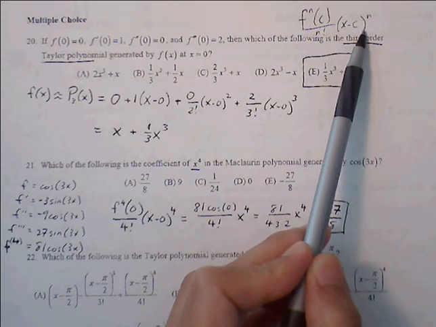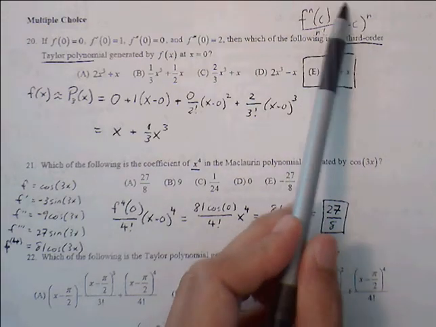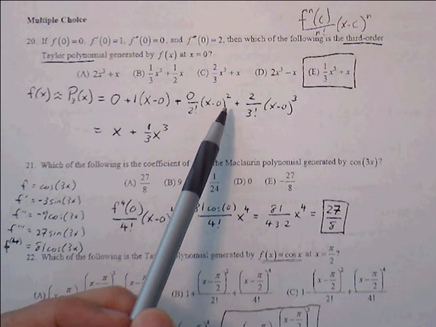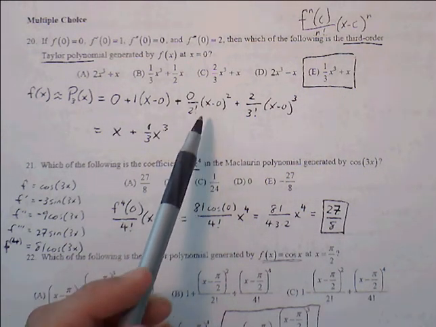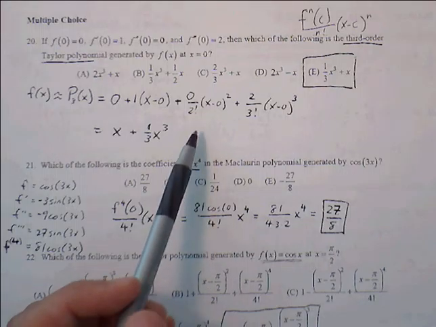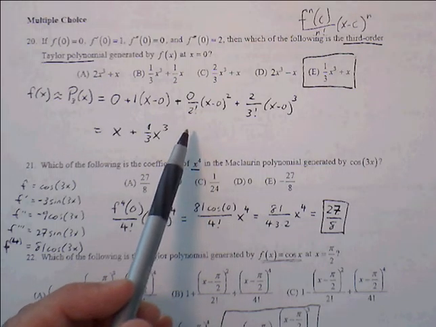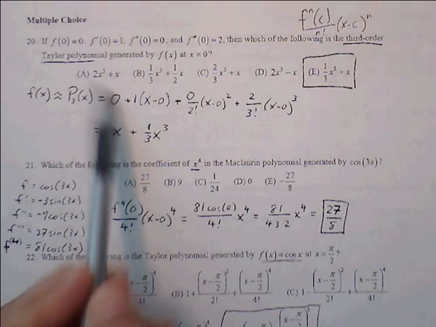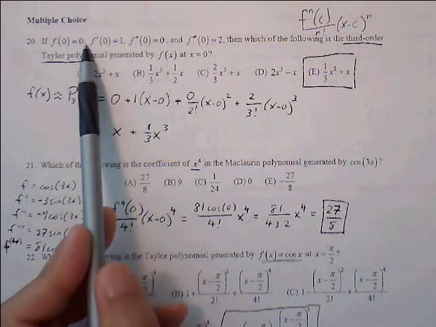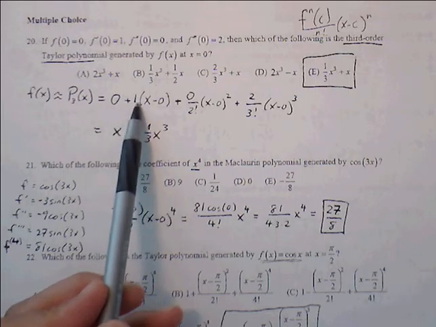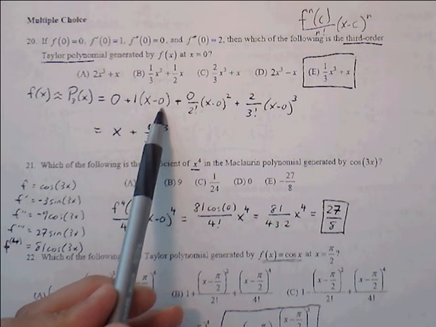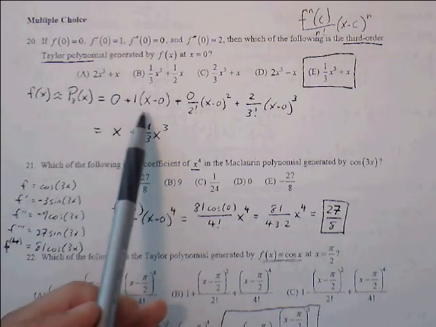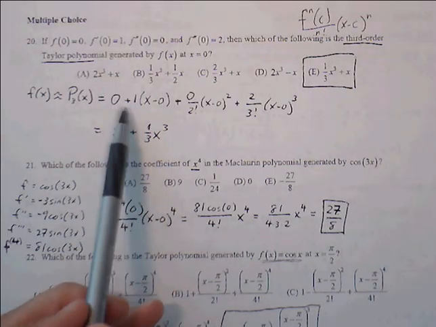The first two terms are simply the equation of the tangent line, which is y sub 0, which in this case is 0, and then the slope times x minus x sub 0. So x sub 0 is 0, and our slope is 1. So that's the first two terms.